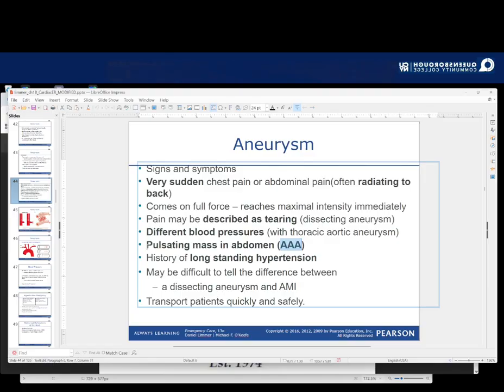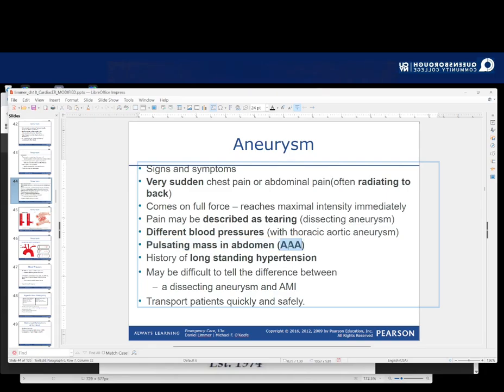Because once somebody has a burst abdominal aortic aneurysm, that's it. They're going to die. There's nothing anybody can do. CPR compressions will only pump more blood into their abdominal cavity. They're a goner. The only way to deal with this is to prevent it from bursting.